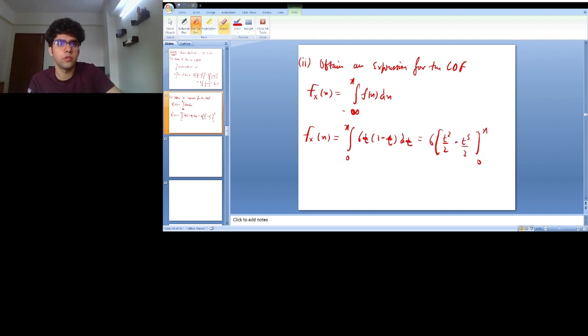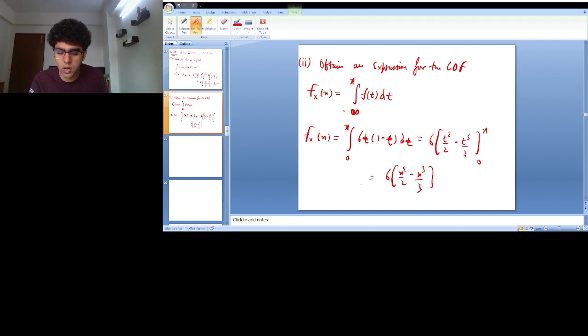Let me change this formula a bit and write it as f(t) dt. This will give me 6 times x square by 2 minus x cube by 3. So this is my CDF.